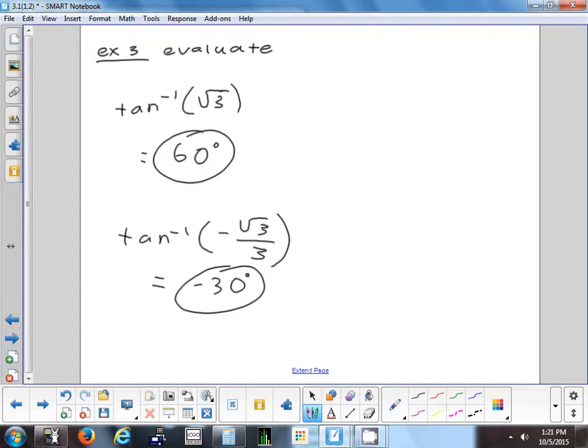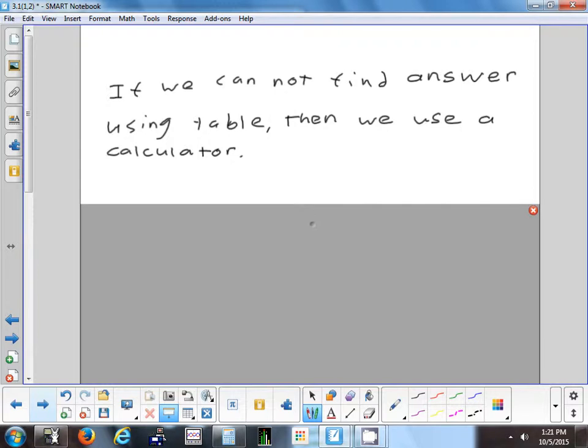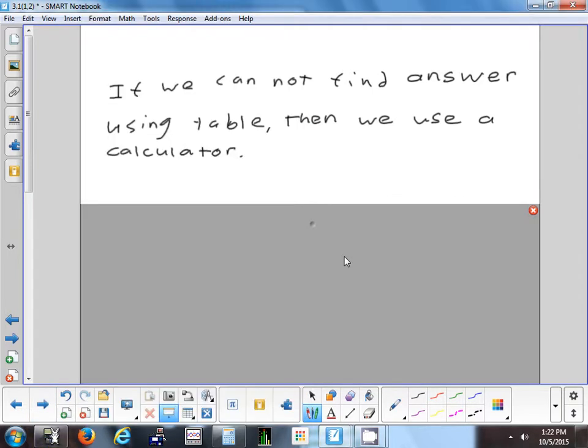All right. So this is great as long as you're going to get an answer that's a multiple of 30 or 45. If not, we're going to use a calculator. Everyone's calculator is a little different. The directions I show you are going to work for graphing calculators and this kind of calculator, the scientific one.